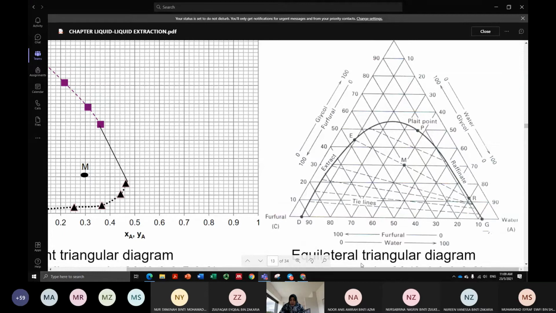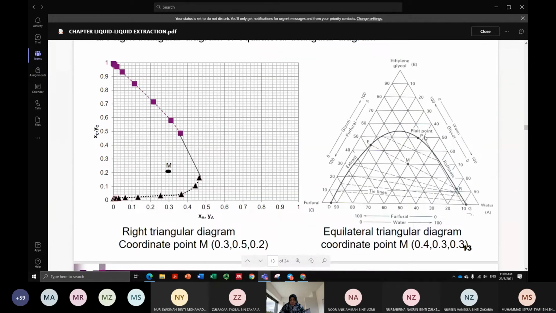Look at the equilateral triangular diagram that we have here. Look at these symbols A, B, and C. At the peak of the triangle, you have 100% of B. Here you have 100% of C. A, B, and C are the components or the substances that you're talking about in your process.